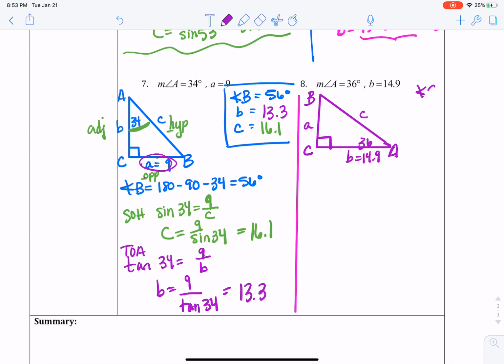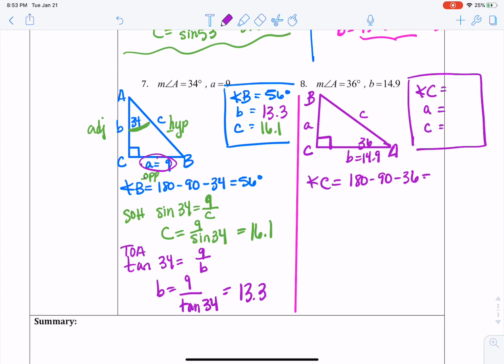That means at some point I'm going to solve for angle B, side A, and side C. Start with angle C. 180 minus 90 minus 36 is 54 degrees.